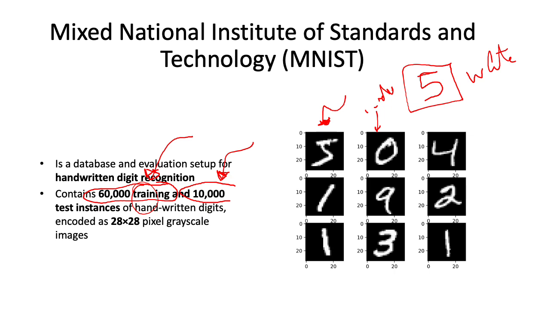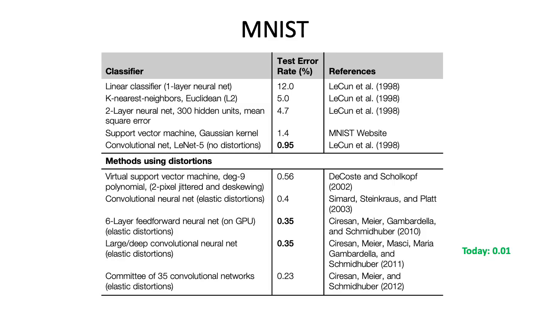This table shows the evolution of the testing error over the years using multiple different classifier types. You can see a linear classifier which achieved a 12% error. You can see k-nearest neighbor. We haven't talked about this one yet, but we will next week.